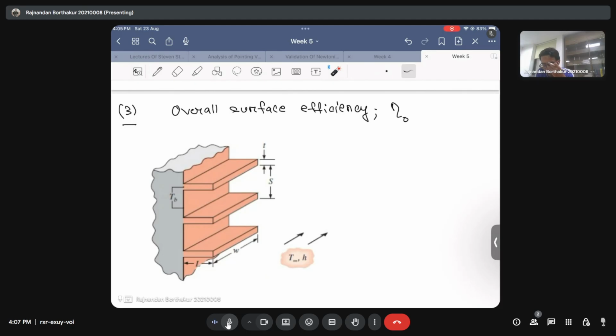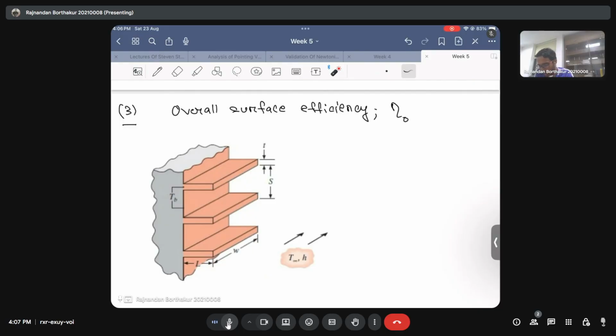That's the reason why we will define this overall efficiency, because this is a more practically desirable configuration rather than just using a single fin. Again, we want to maximize the perimeter to cross sectional area, and because of which we are trying to maximize the number of fins that we can stack in this configuration. So you can interpret it as something like that.